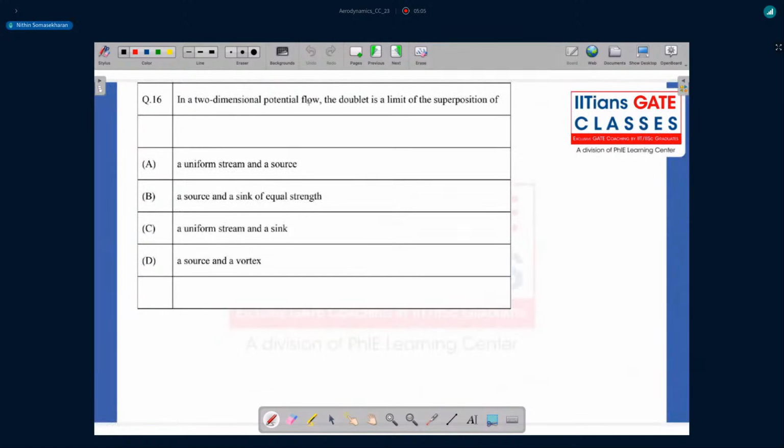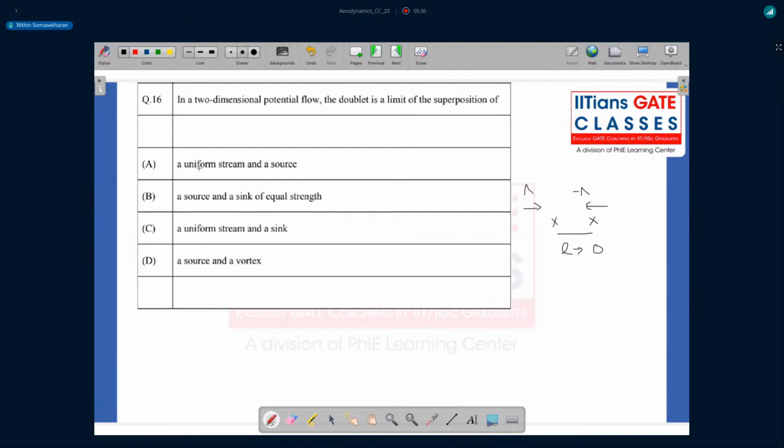Next problem. In a two-dimensional potential flow, the doublet is a limit of superposition of. So basically, they're asking us how is a doublet formed. So we know from potential flow theory that if you bring a source and sink of some strength, let's say gamma and minus gamma, very, very close to each other, that is, the distance between them is pretty much zero, but their strengths are infinitely high, that basically produces a doublet.